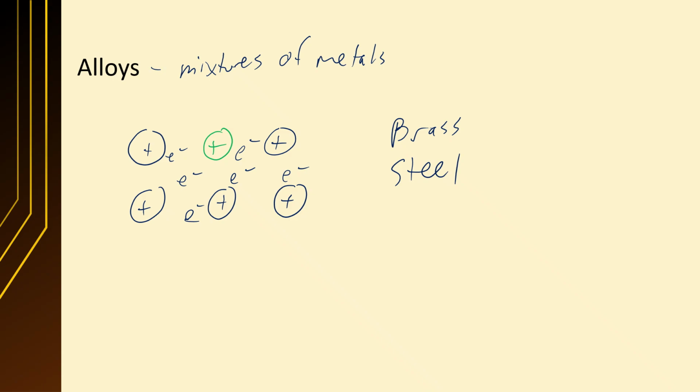Some common alloys are things like brass or steel. Stainless steel, bronze is another example. Brass is an alloy of copper and zinc. Steel is usually iron mixed with things like carbon, or with chromium to make stainless steel. There are other things. You don't need to memorize any specific alloy, but we often mix metals together so we can get better properties.